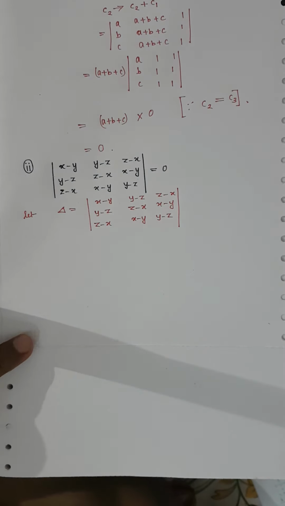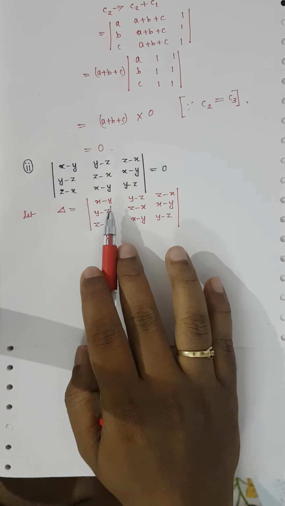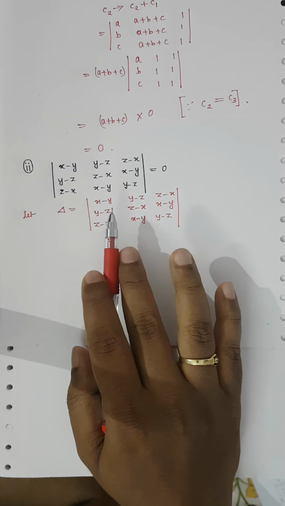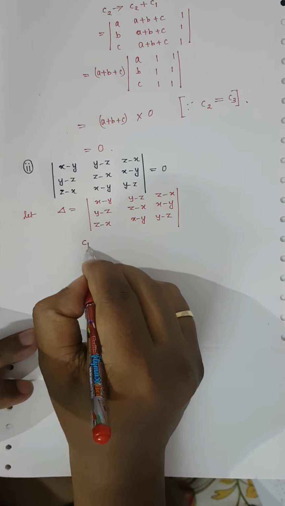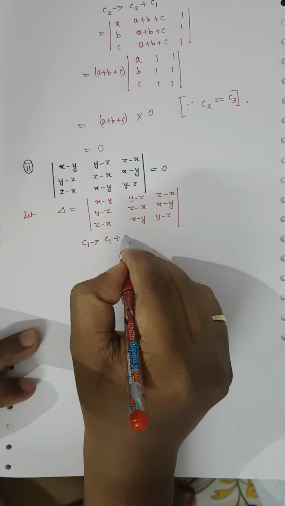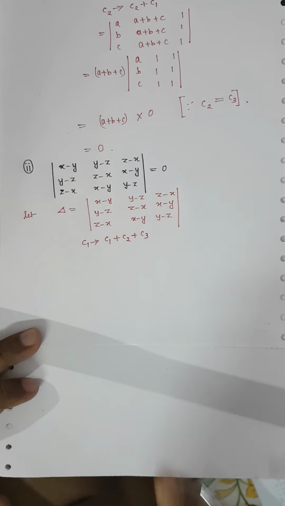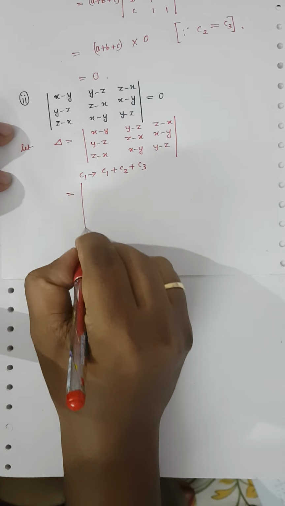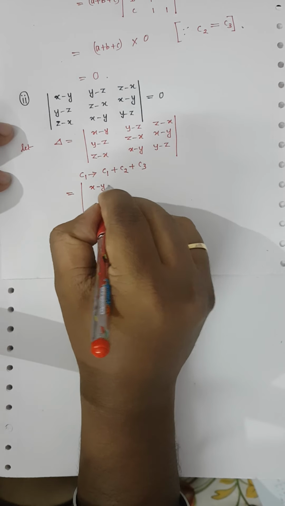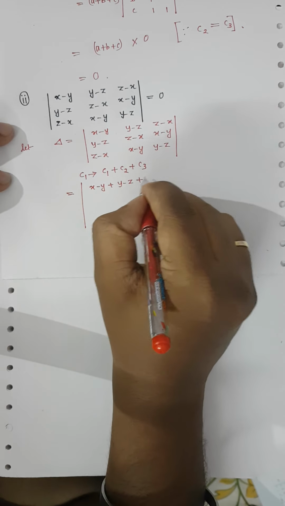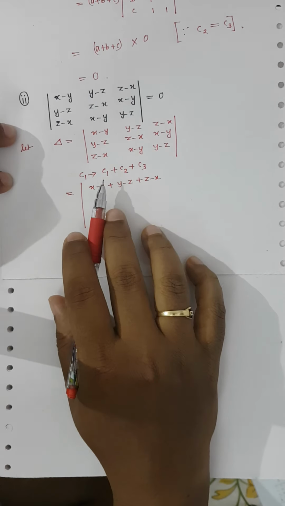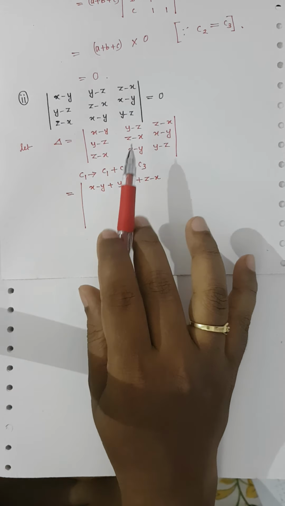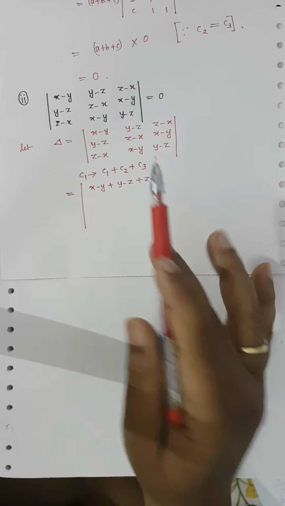You can clearly see that if I find the sum of the elements of all the columns and all the rows, it will be equal to 0. See, if I write column 1 changes to column 1 plus column 2 plus column 3, so I will get the determinant of x minus y, y minus z, z minus x. Here the operation takes place at column 1, so I have added the elements of column 2 and column 3 in column 1.